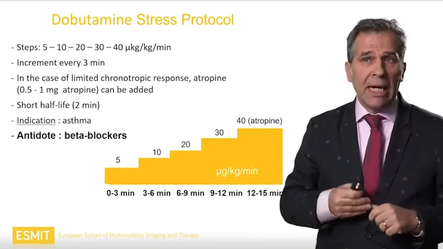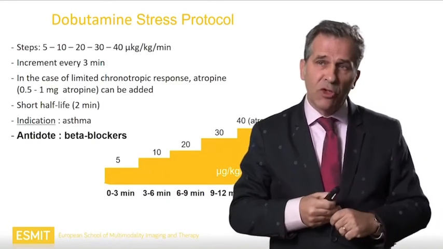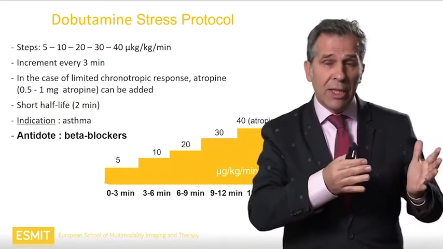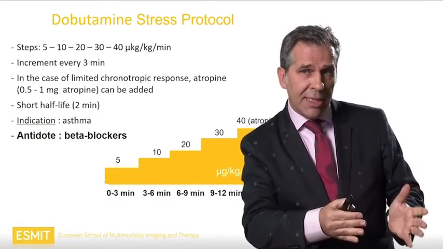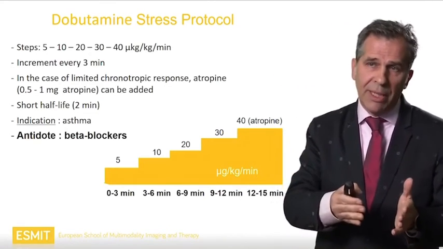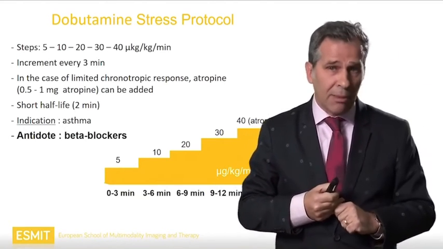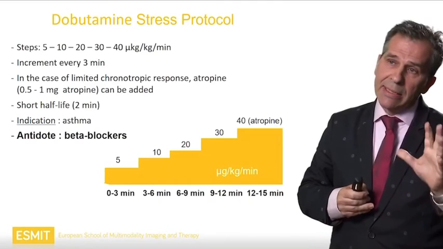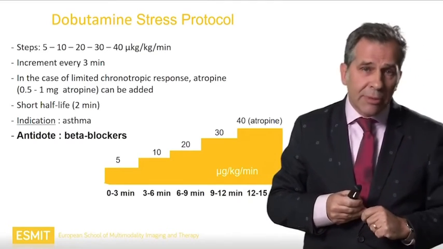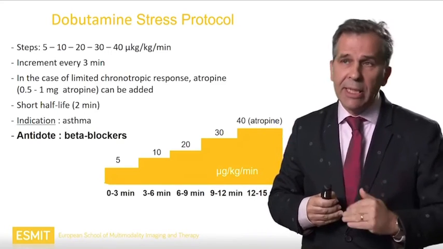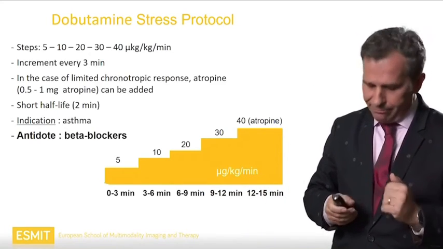The short half-life is very important again, it's 2 minutes. The indication is for some patients with suspicion of coronary artery disease and asthma or COPD. But the antidote is different, because the antidote is beta blockers. And at each step, first of all, inject atropine just to increase the heart rate.